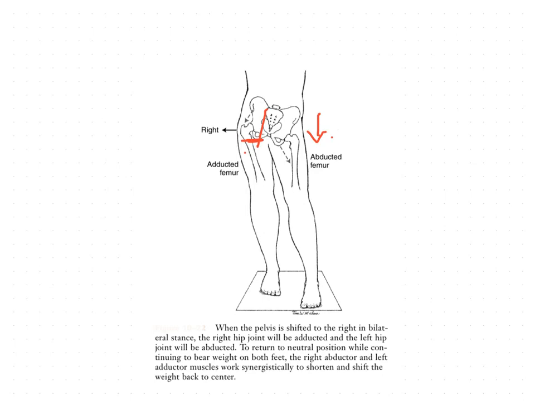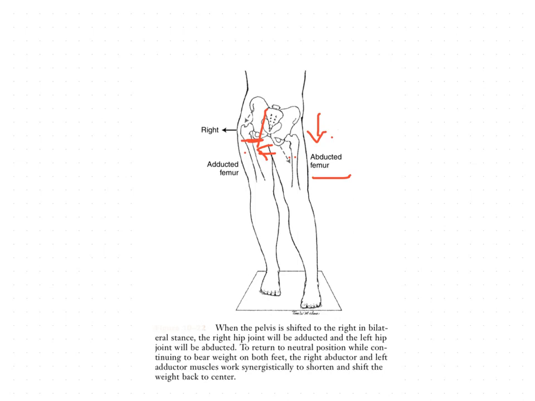On the left side, if you can see here, it is moving away. Because of the shifting of the pelvis on the right side, there is movement away from the left hip, causing an abducted femur on the left side. Okay, so here again it has to come to its neutral position.